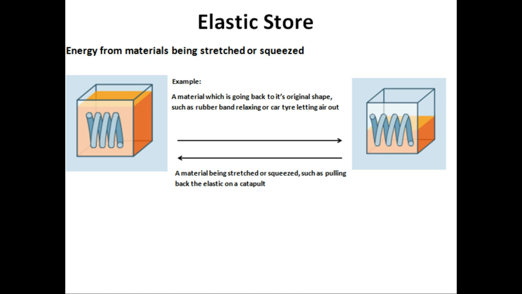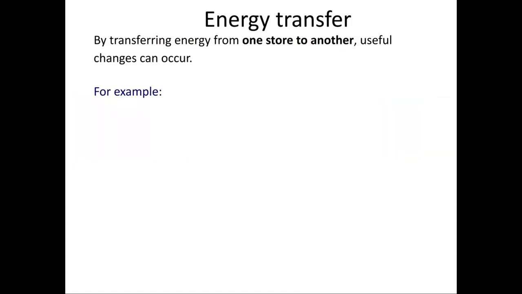It can be moved around between stores, but we don't lose any energy when we do that. So it's quite useful for us because we obviously use energy a lot for all sorts of things in our lives. So it's very useful to be able to transfer energy between these different stores.